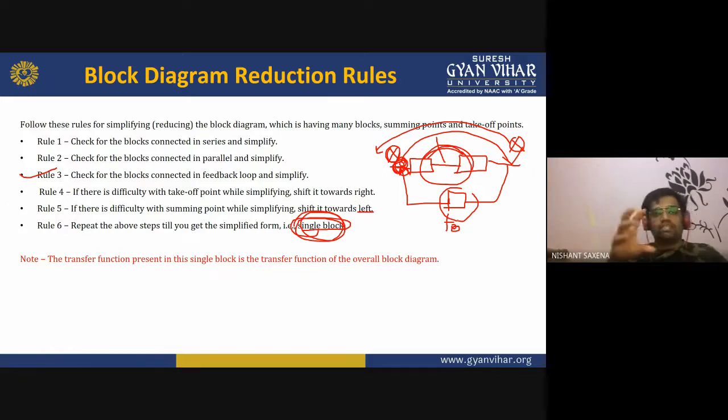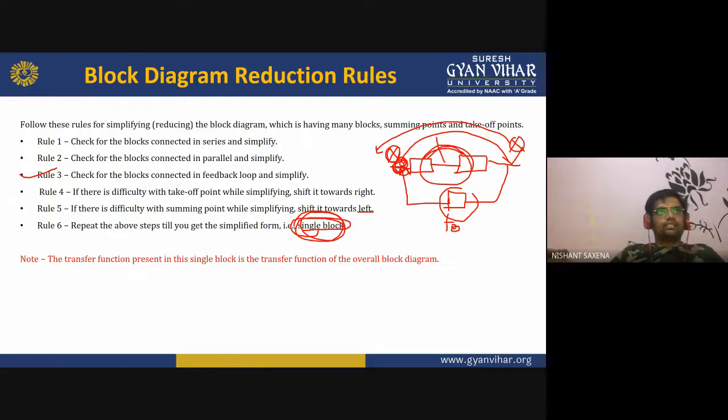When we simplify it completely, we will get one single block, and that will be the overall transfer function of the complete system or the network. Is this clear? I wish you have no doubts in this.